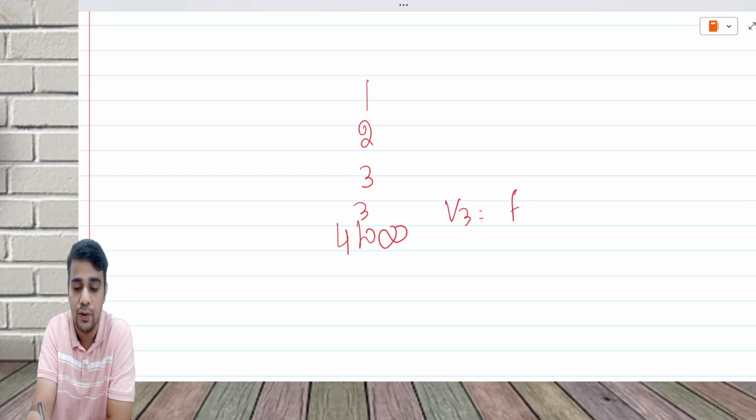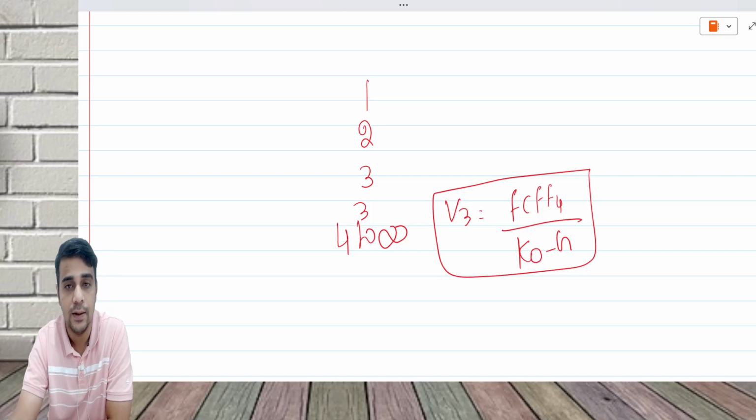V3 is equal to FCFF4 by Ko minus g. But if you are not a going concern, this concept of perpetuity valuation will not exist, because you do not have infinite life. When you are having infinite life, all this is fine. But infinite life may not exist for a company which is not a going concern.